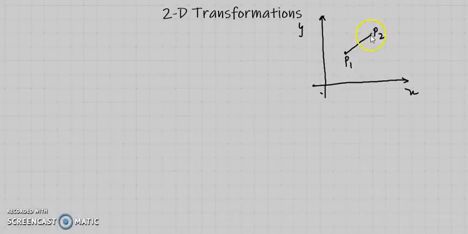So this is P1 and this is P2. So what all things can I do with this line? Can I shift this line somewhere out here? So my line gets shifted here. So this becomes my new P1 dash and P2 dash. So this is one thing that I can do with the line.